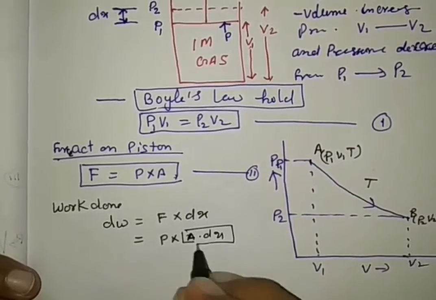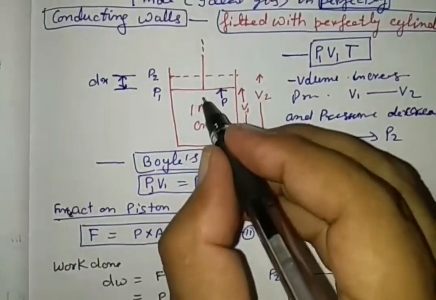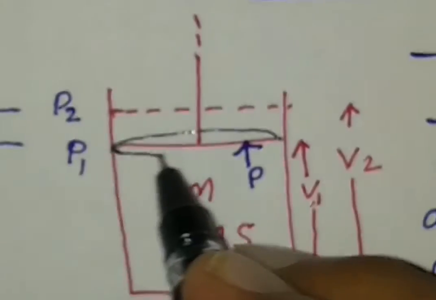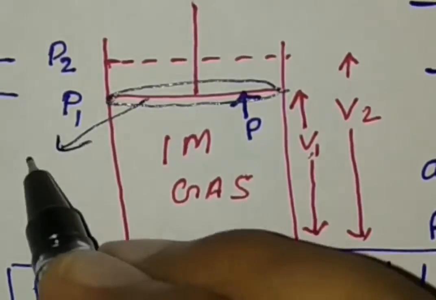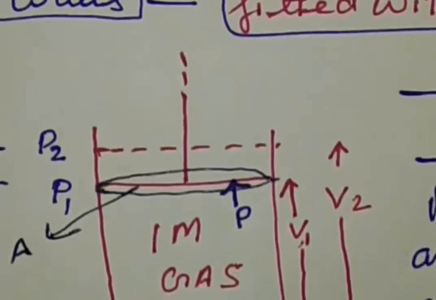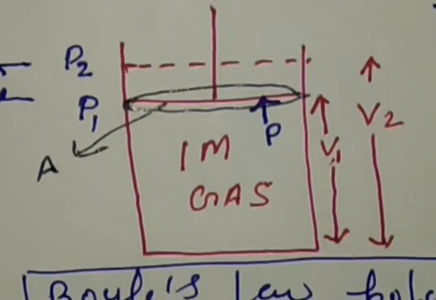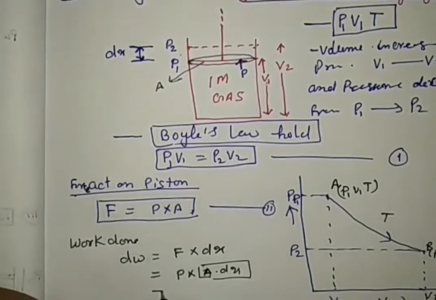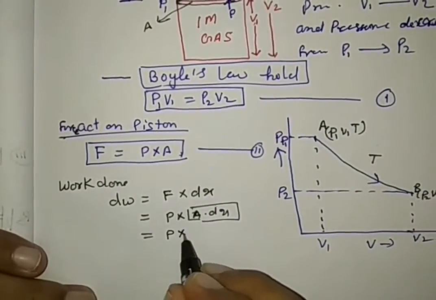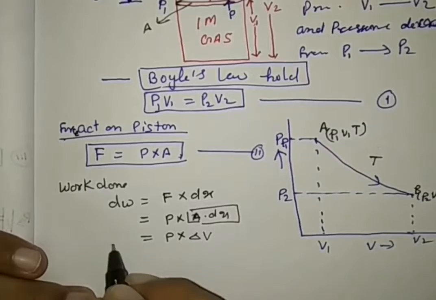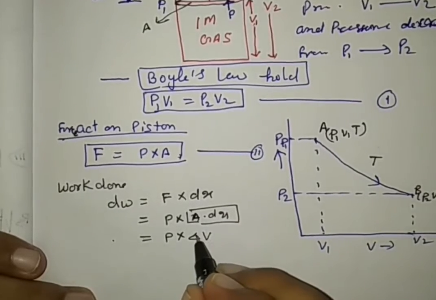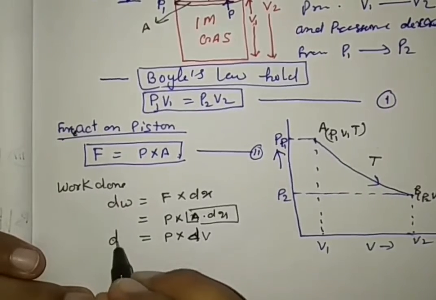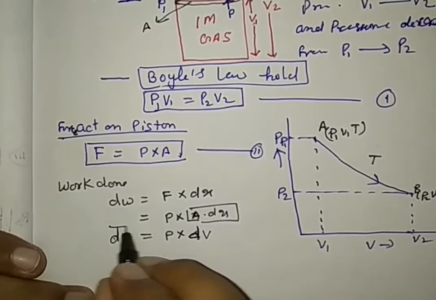See this part in the diagram once more. It is the area of the piston. So area into dx is the increase in volume, so dW is pressure into dV. Here work is represented by dW.